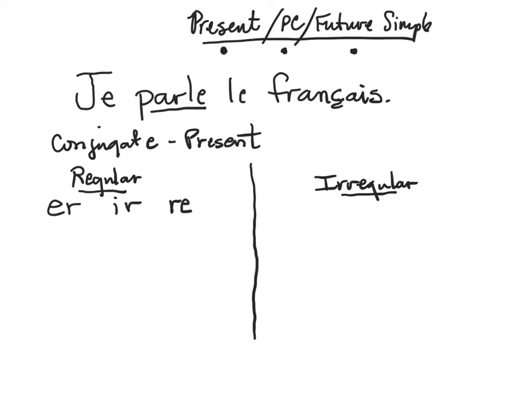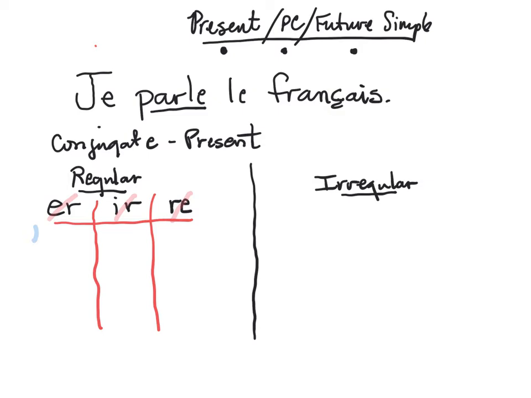And the first thing that you do when you want to conjugate a regular verb is you're going to drop that ER, the IR, and the RE. And you're going to add your endings based on the pronoun or the noun. So if I showed you and reminded you of the beautiful chart that we had back in French 1, our endings match our pronouns.